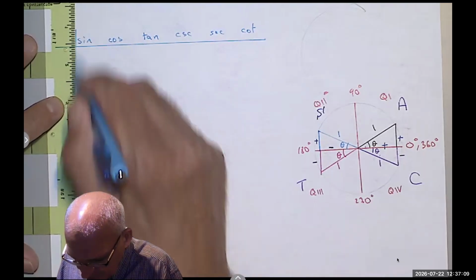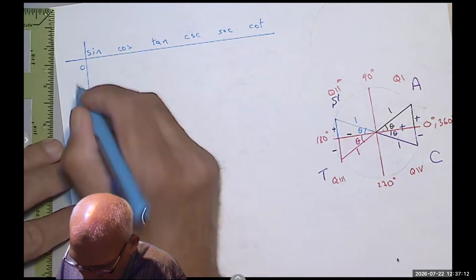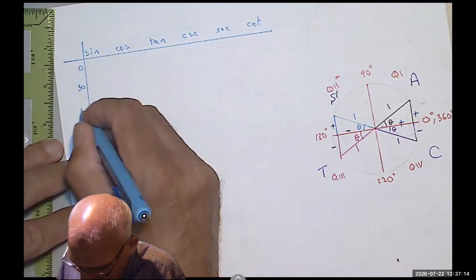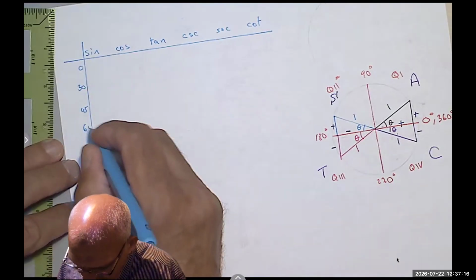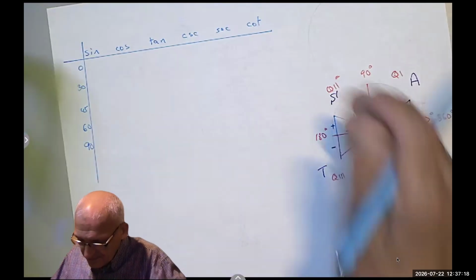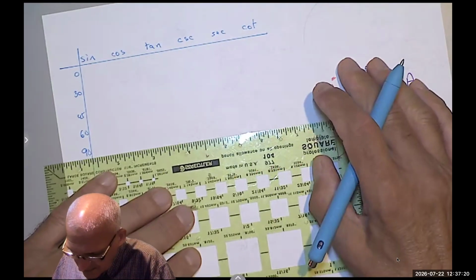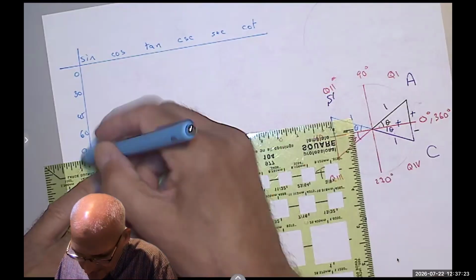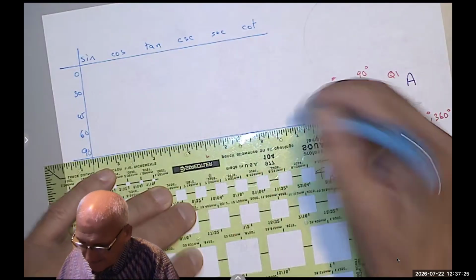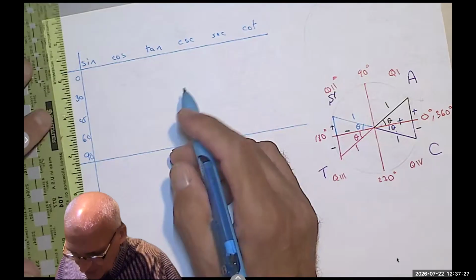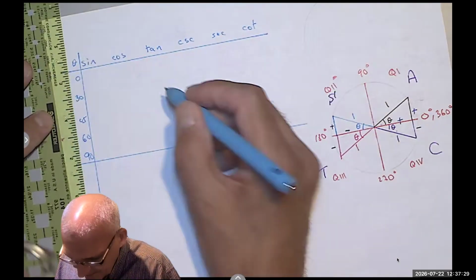And the angles we know are the 0, the 30, the 45, the 60, and the 90. And next to those, so this is theta.